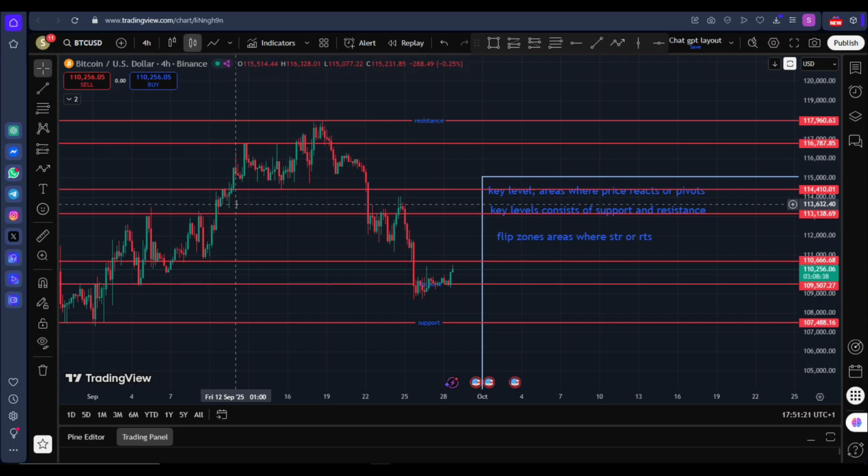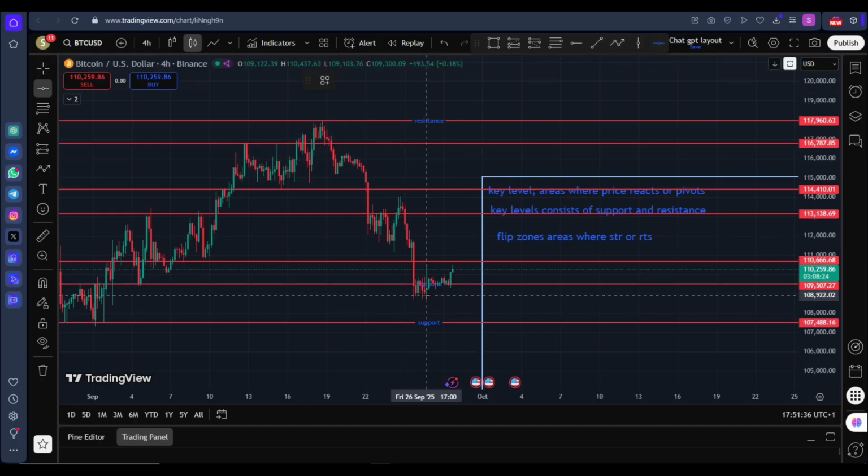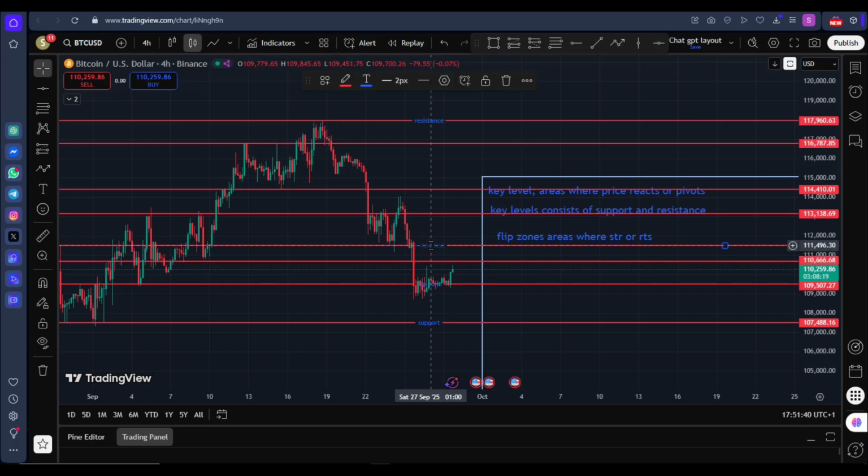Don't ever force a level, like someone who just carries the horizontal line and goes, let me see, random place, I'm just going to put it here. Yeah, but nothing really happened there. Nothing really happened there to me. You can say, okay, flipped. Did they even flip it? Resistance, yeah, okay, flipped it here, but when you look at the back, you can see that no, these are the main ones, one up here and one down here.